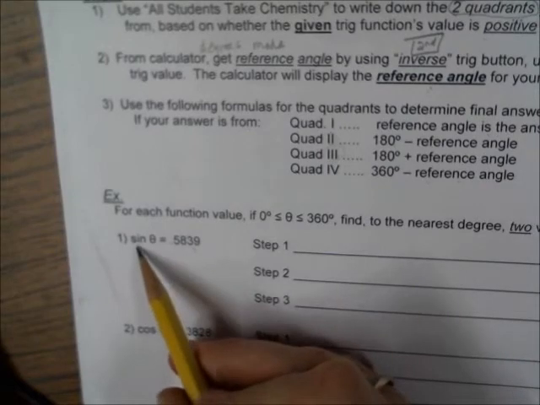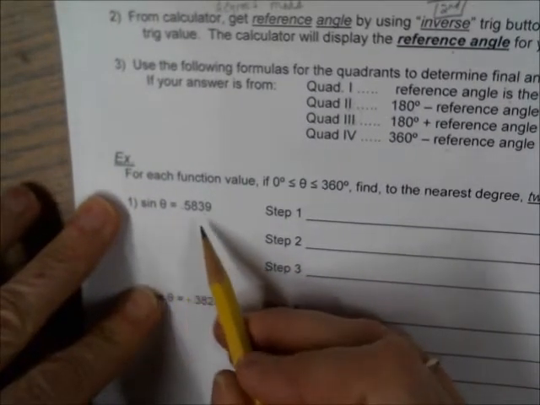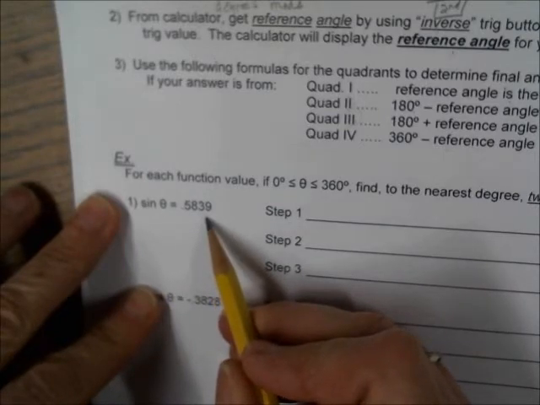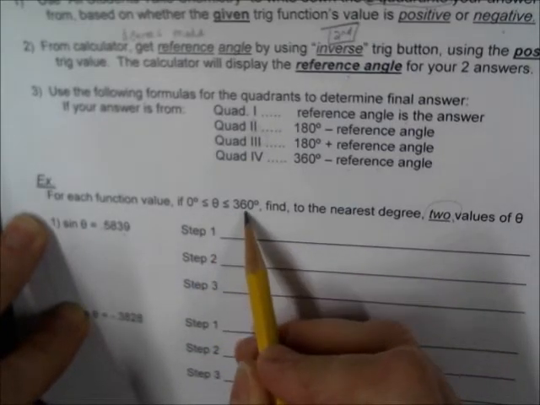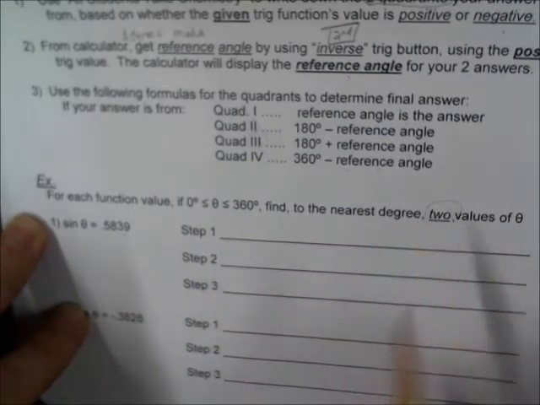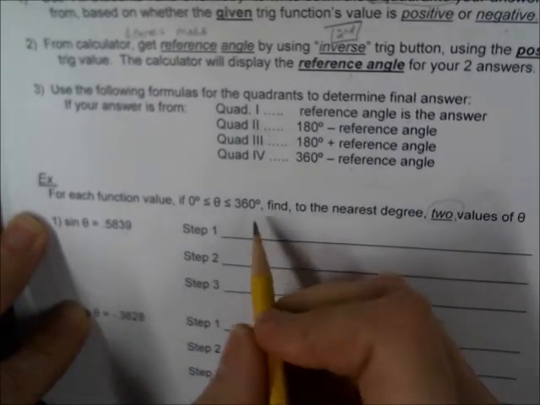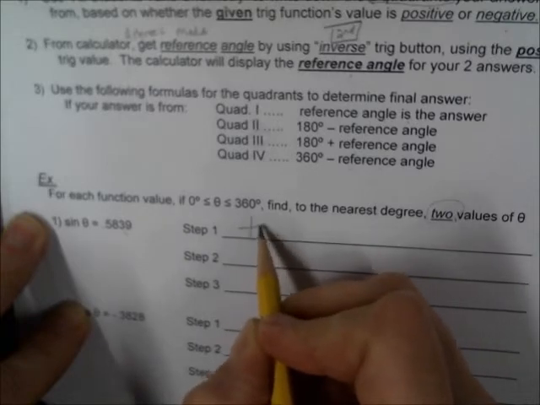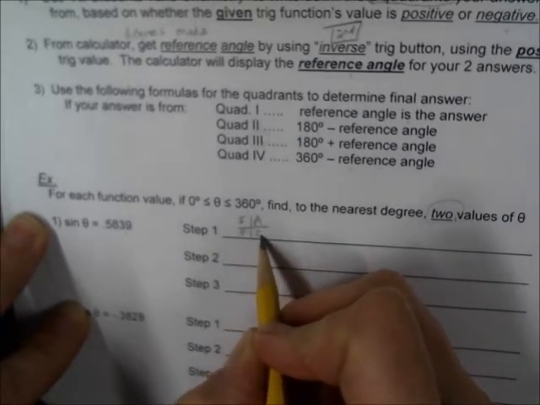Here's a perfect example. We're given that the sine of an angle is 0.5839, and we want to know two values of theta between 0 and 360 degrees. We're going to get two answers to this one question. So step one says we're going to draw this little grid, All Students Take Chemistry.